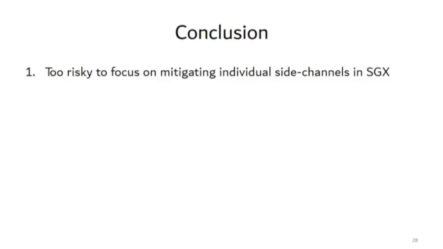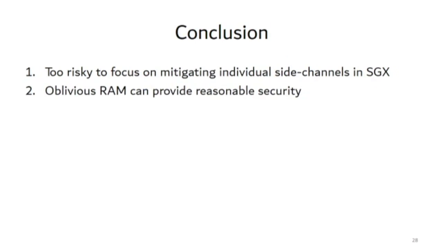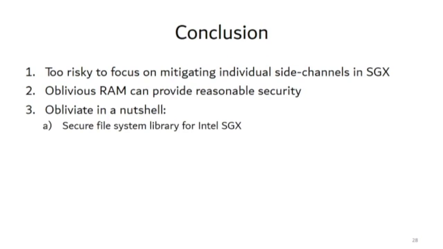In conclusion, first of all, it's very risky to focus on mitigating a single side channel, as a lot of previous work has done. Oblivious RAM can definitely be used to provide reasonable security. Of course, there are huge performance drawbacks, but Oblivious RAM can provide very sound security and should definitely be considered as an alternative. Obliviate, in a nutshell, provides a secure file system library for Intel SGX.